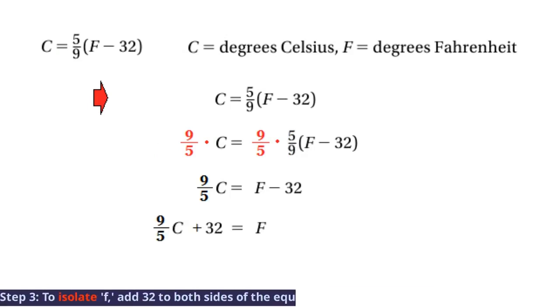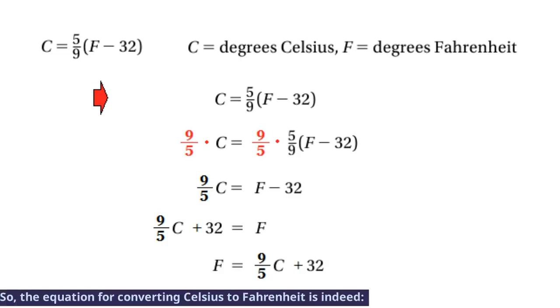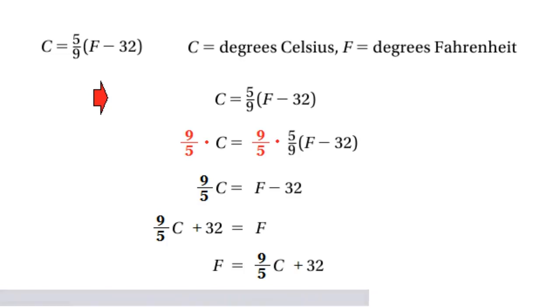Step 3. To isolate F, add 32 to both sides of the equation. 9/5 times C plus 32 equals F. So, the equation for converting Celsius to Fahrenheit is indeed F equals 9/5 times C plus 32.